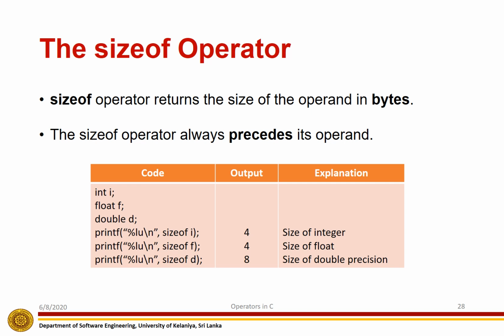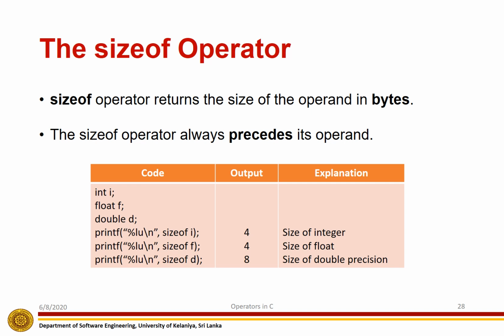So in the example, I have declared three variables, int i, float f and double d. Then for getting the size of those, I have written printf statements for each of them, and I have used the format specifier %lu for long unsigned integers. The sizes must be positive, that's why I have used long unsigned integers.